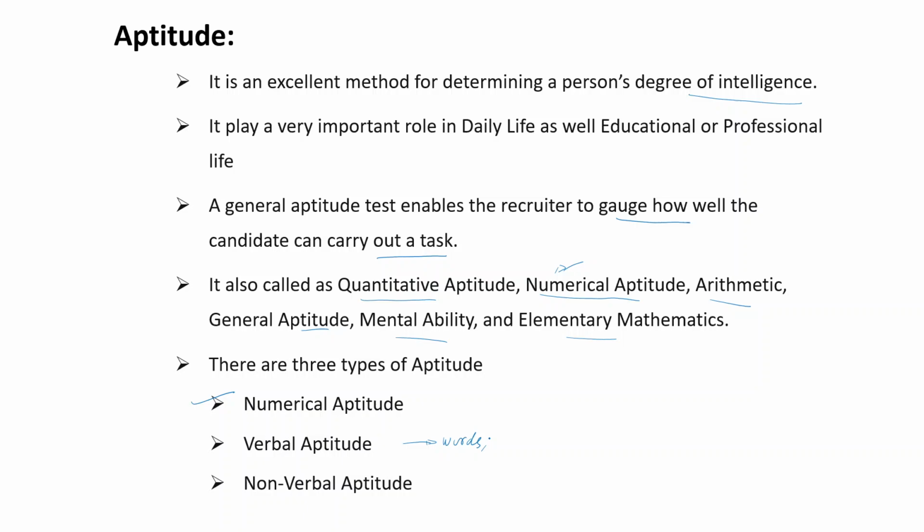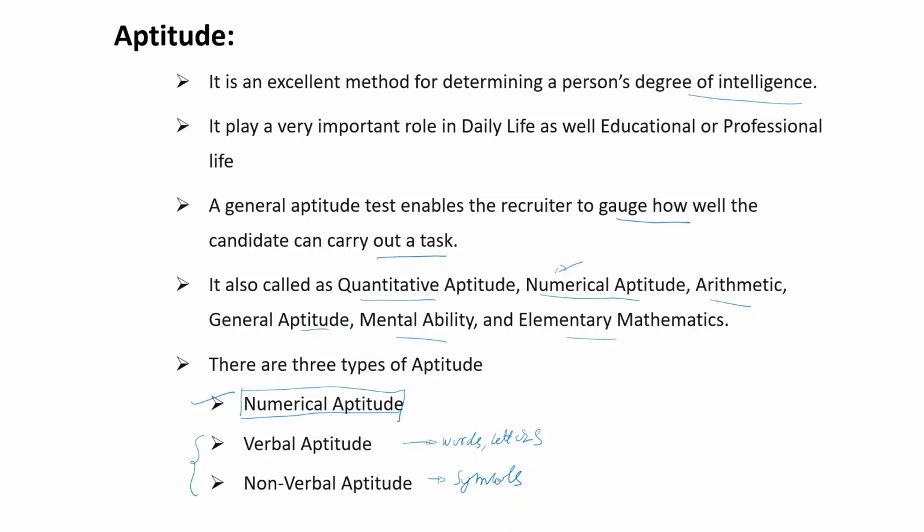Non-verbal aptitude deals with symbols, where a lot of different symbols are given and we have to choose the correct one in multiple choice questions. These two types we are not going to discuss in this course. We focus only on numerical aptitude.